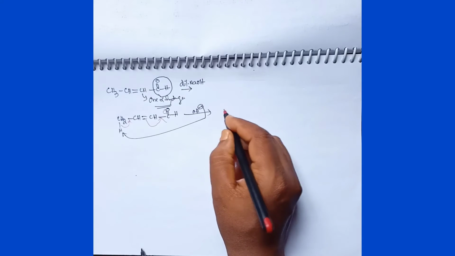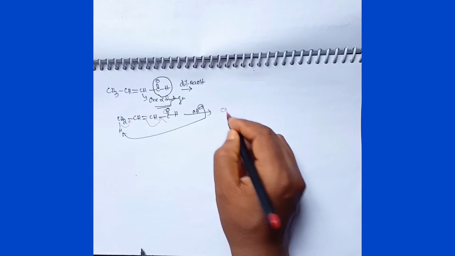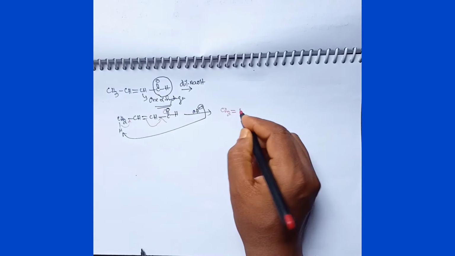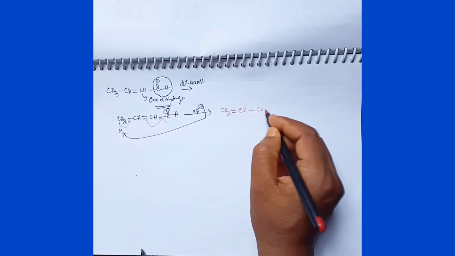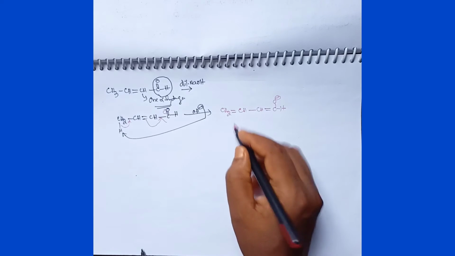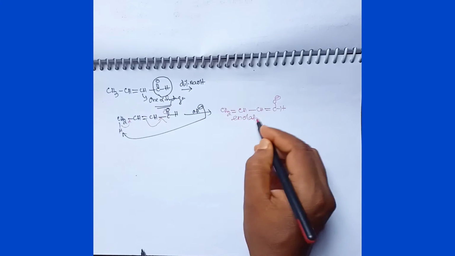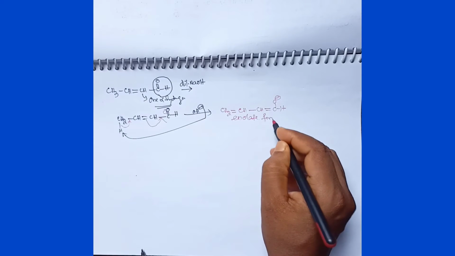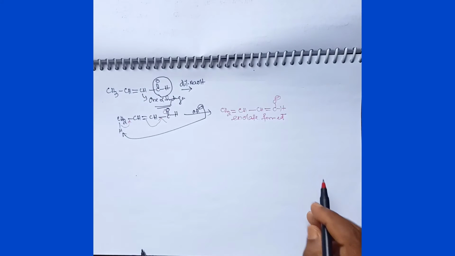The resonating structure will be formed like this: CH, CO minus H. This is the enolate formed in the reaction.